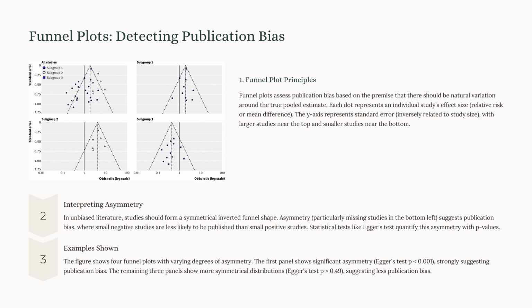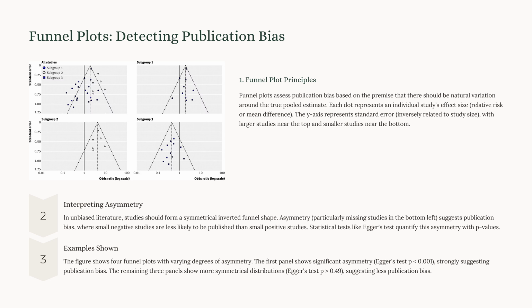That's basically called asymmetry. Okay. And you can also do further testing like Egger's test, and there's other fail-safe Ns, and we don't need to go into those, but they will show you what the likelihood of studies not being there will bias your results or make your results negative. Okay. So you can see up there, again, in the figure, it shows 4 funnel plots.